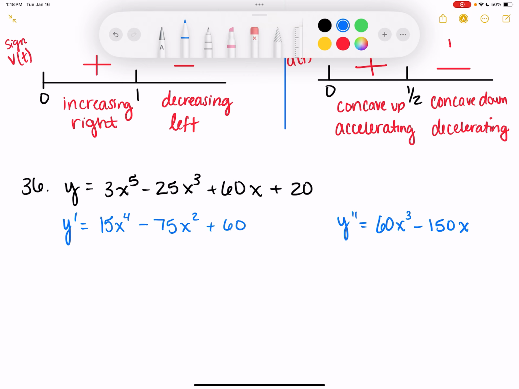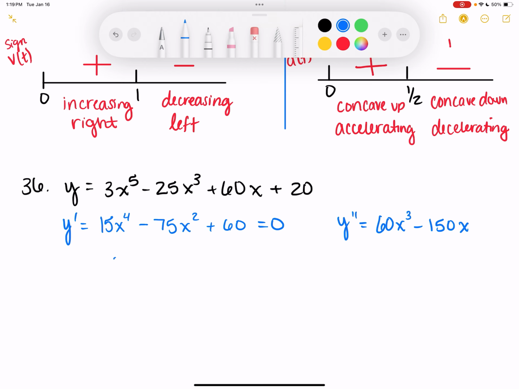All right, so I'm going to set this equal to 0. How do I solve this? You can take a 15 out. Okay, let's try that. If I take a 15 out, what do I get?